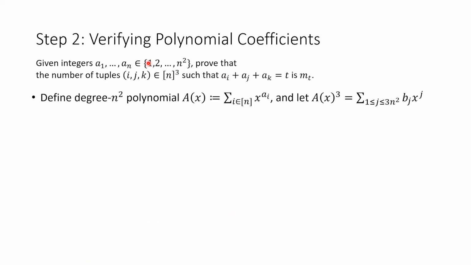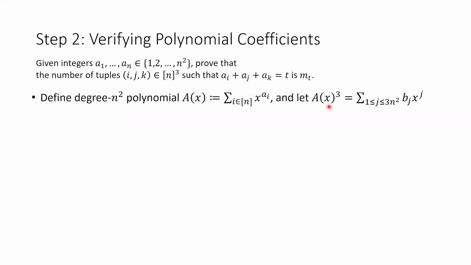Okay, so in order to solve this counting problem, we are going to consider the generating function of the input instance. Let's define a polynomial a of x to be the sum of x to the a_i for all input integers a_i. And we have assumed that a_i is at most n squared, so this polynomial has degree n squared.